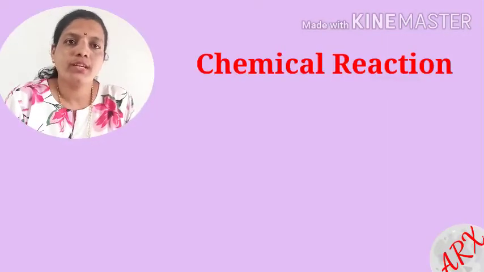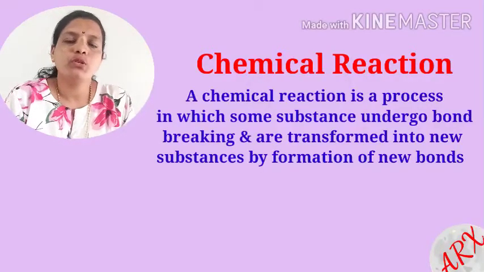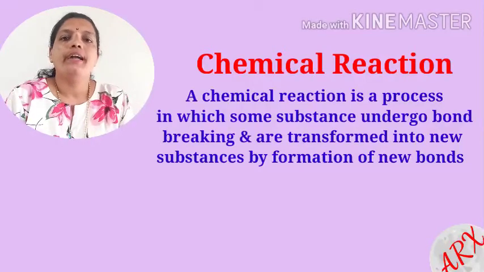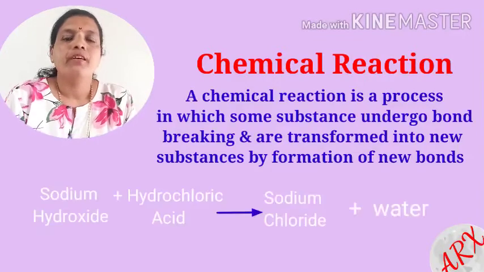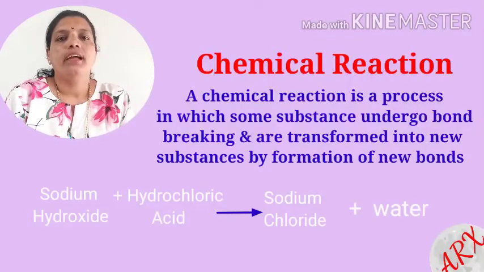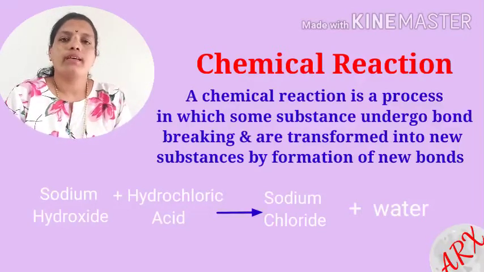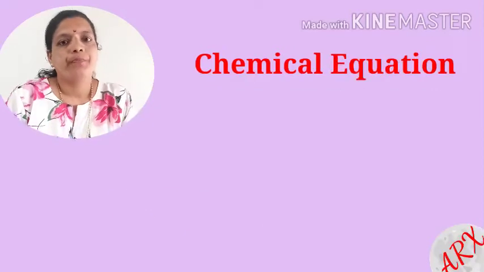So we will see what a chemical reaction is. A chemical reaction is the process in which a substance undergoes bond breaking and is transformed into new substances. For example, when sodium hydroxide reacts with hydrochloric acid, it gives sodium chloride and water, which are purely new compounds.